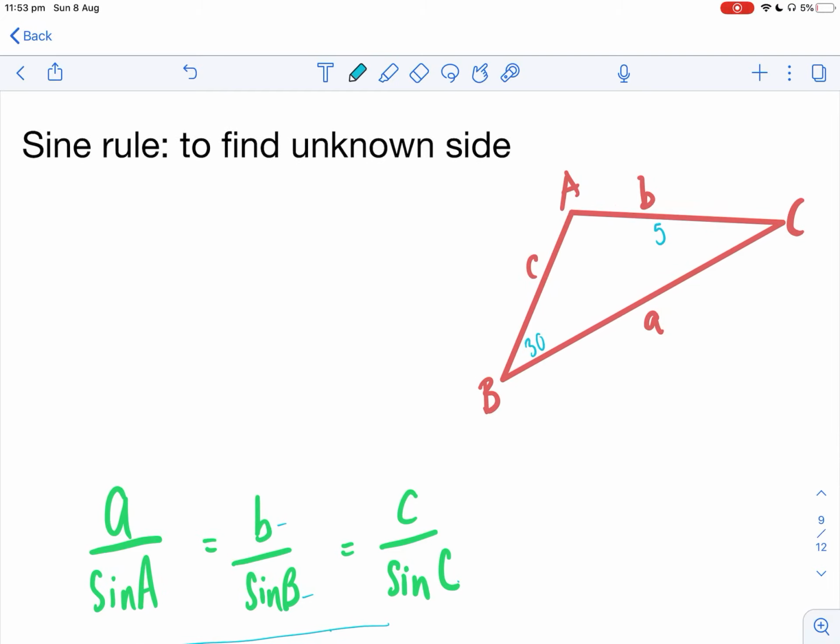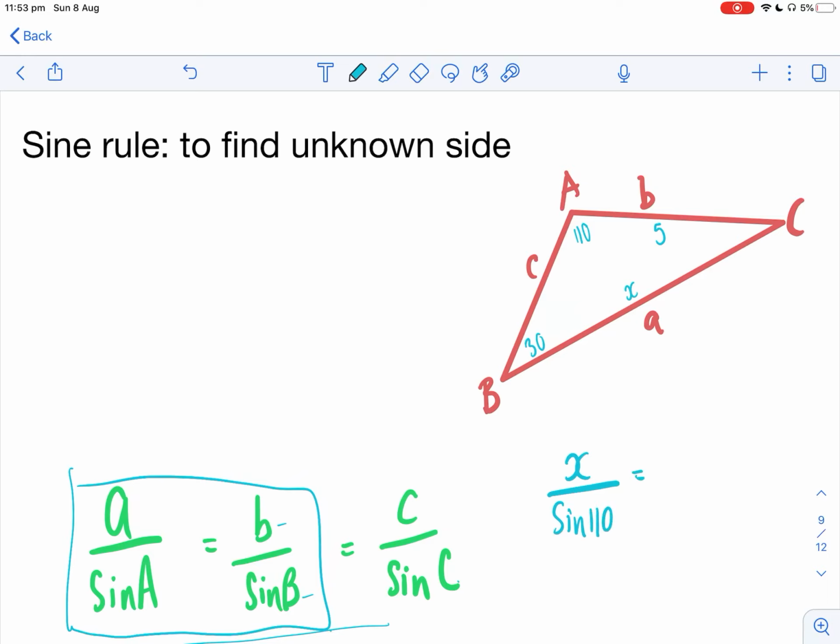We would only be using the A and B part, and it would look like this: x over sine 110 equals 5 over sine 30. To get x by itself, you would times it by sine 110, and you'd put this part in your calculator and you'd get the value for x.